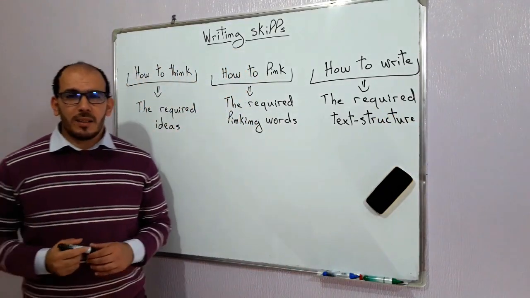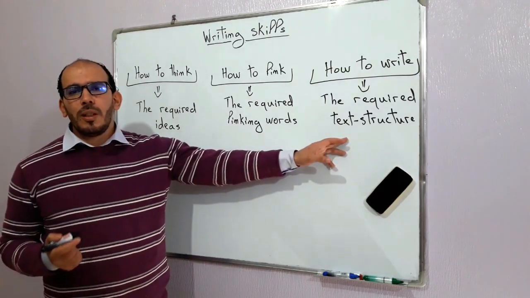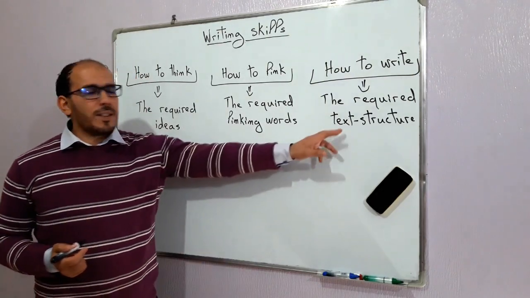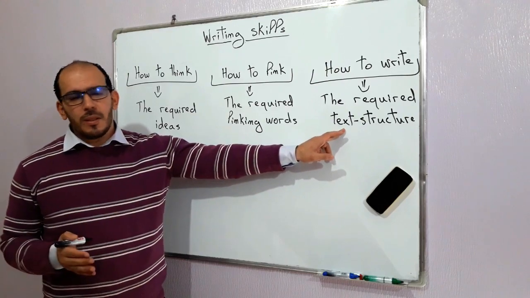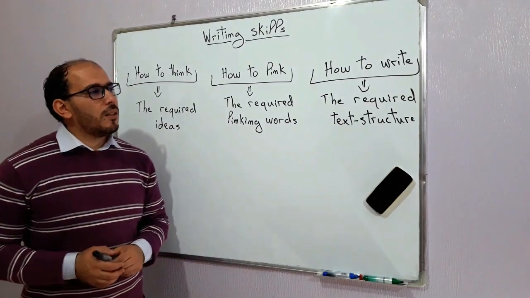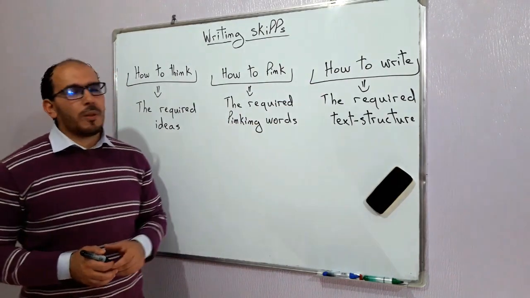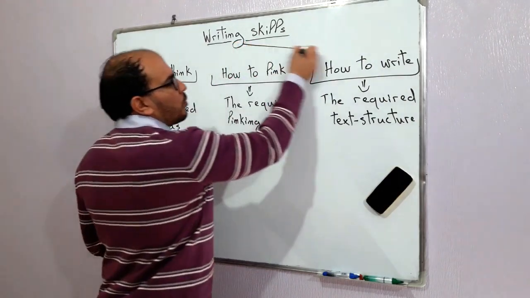The required text structure means the forms of a writing, because we don't have only one form, one text structure. We have different forms and you have to abide by the rules of every text structure. So this is what we call how to write.